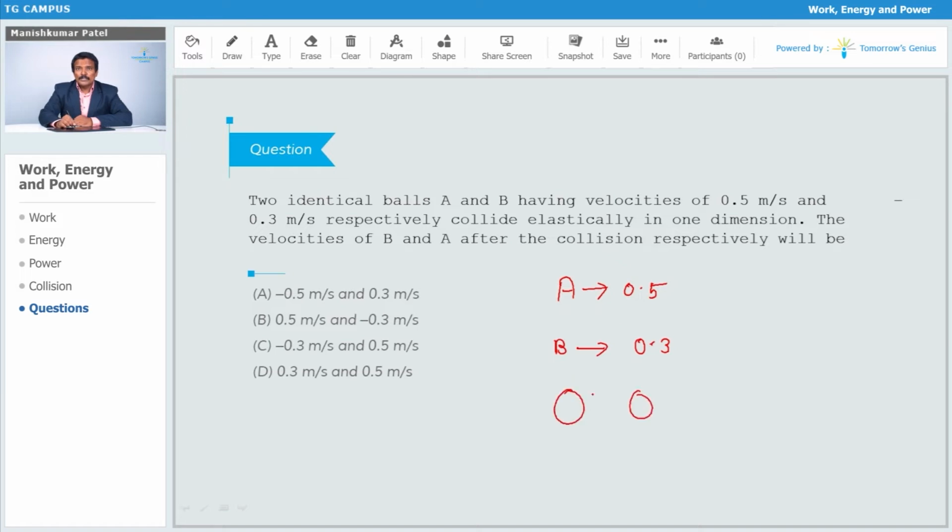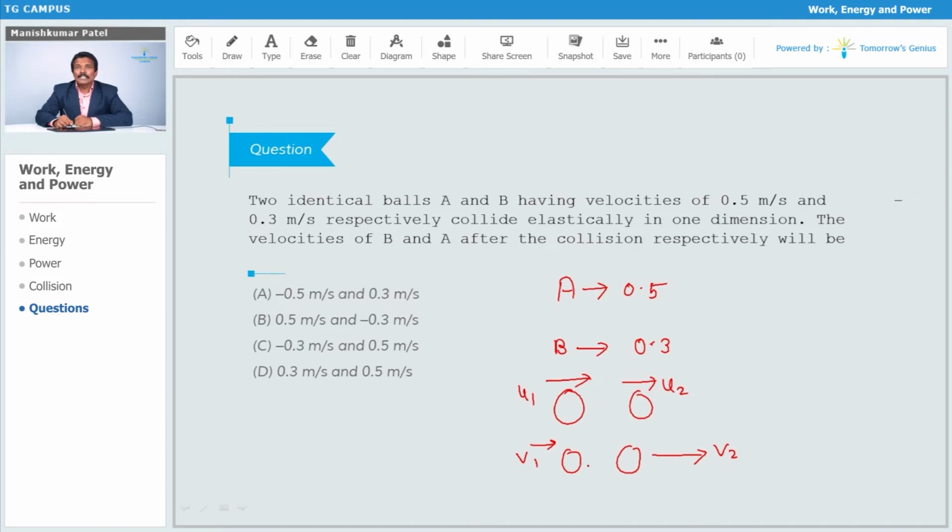These are the two bodies, where let's say this is U1 and this is U2, and after that this is V2 and this is V1, so V2 is greater than V1. Then for this particular case, what is going to happen? The velocity will get exchanged.